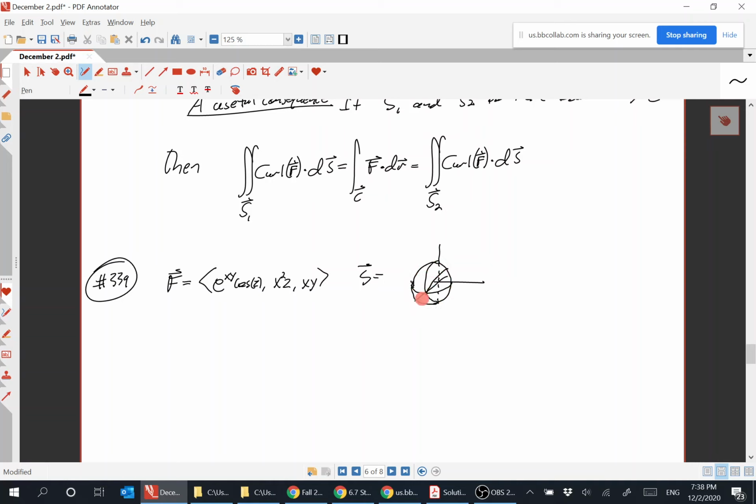All right, so here's that surface. Like that. So this is x equals the square root of 1 minus y squared minus z squared. Oriented this way.